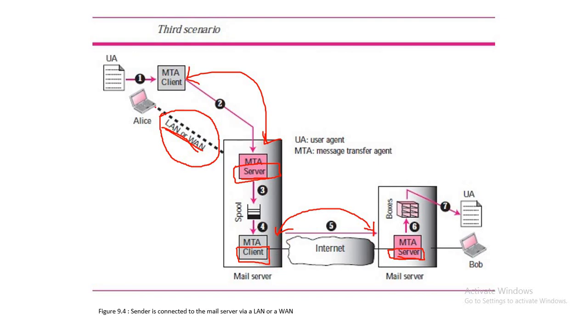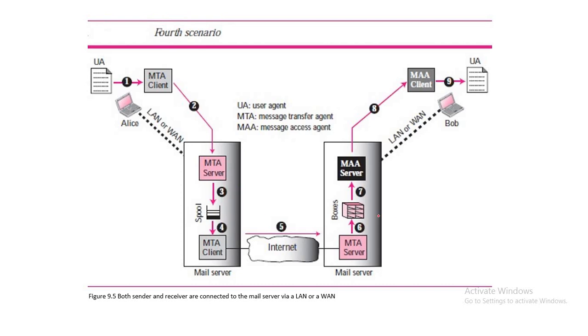Here Alice is the sender party and Bob is the receiver party. Both are user agents. Hope you are understanding. That is the third scenario of electronic mail. Let's see what the fourth scenario is.